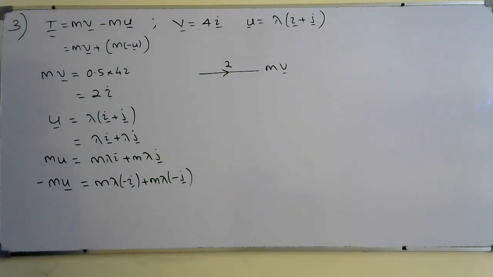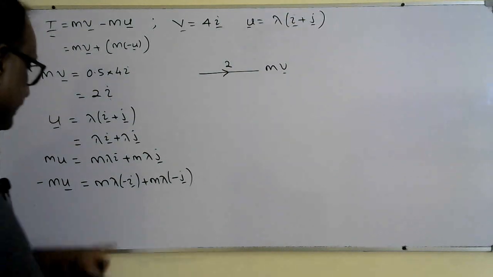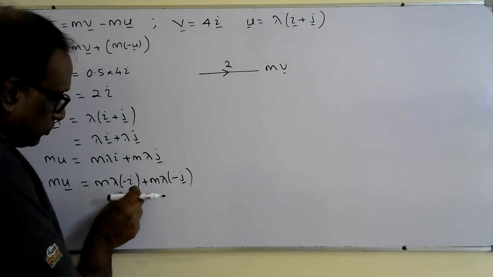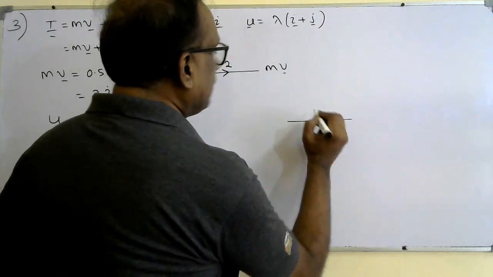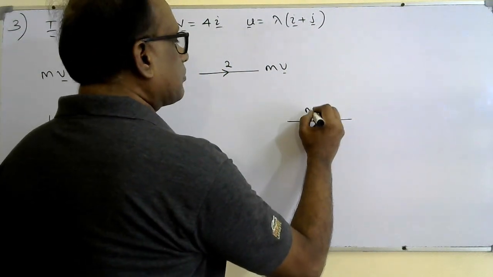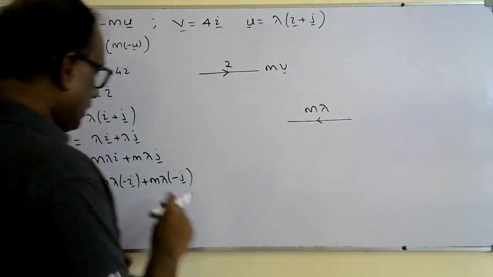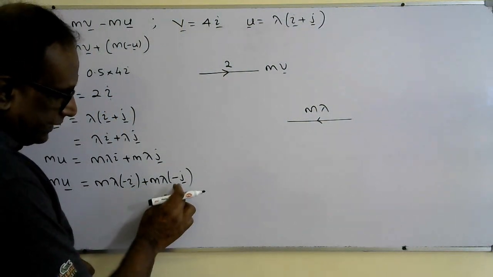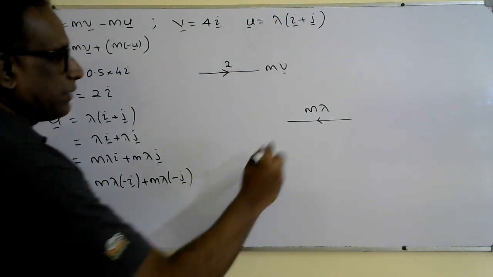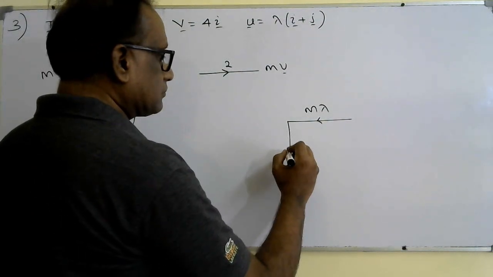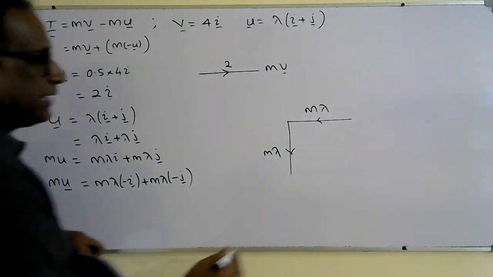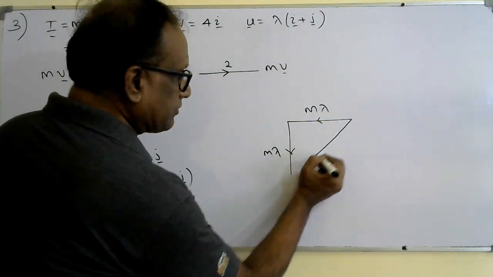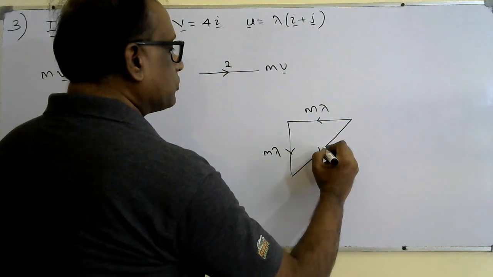Okay, how can you show this minus mu in a vector diagram? m lambda is the magnitude in the direction of i, so in the minus i direction m lambda, plus the minus j direction, that is downwards, m lambda. So vector minus mu is this one.